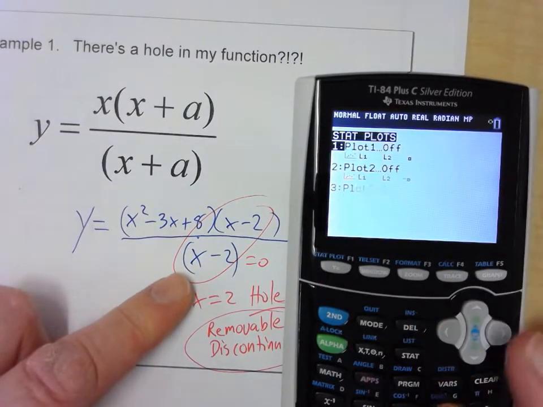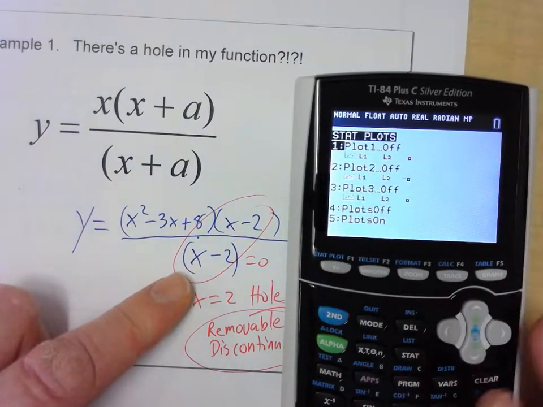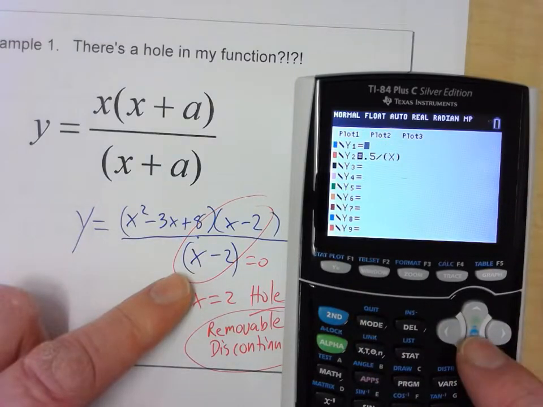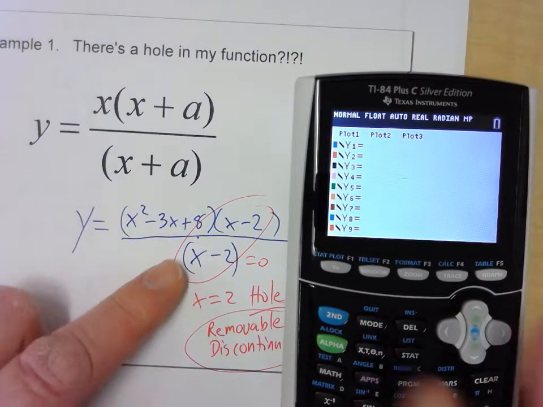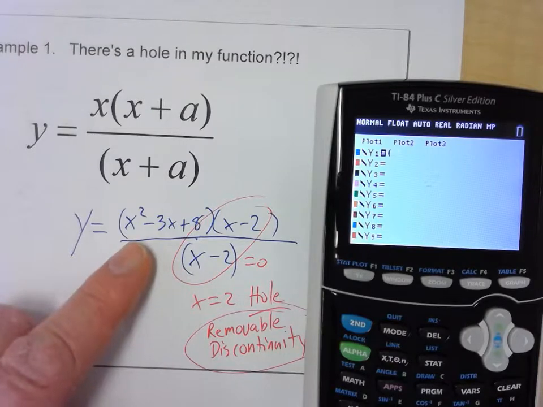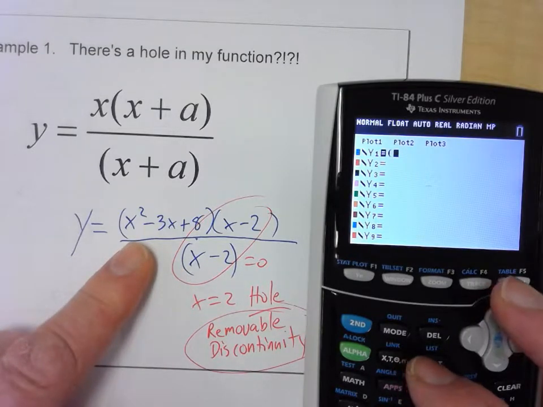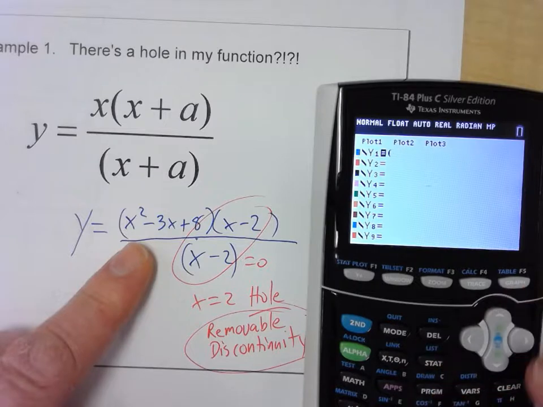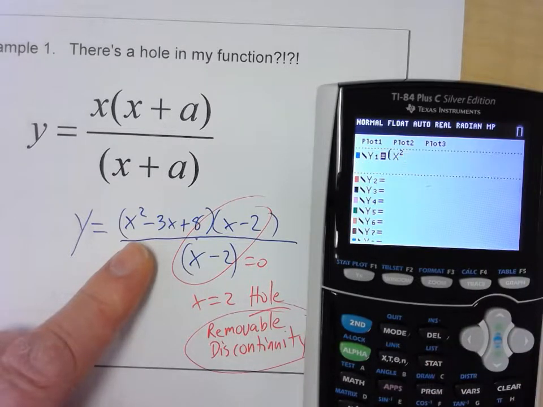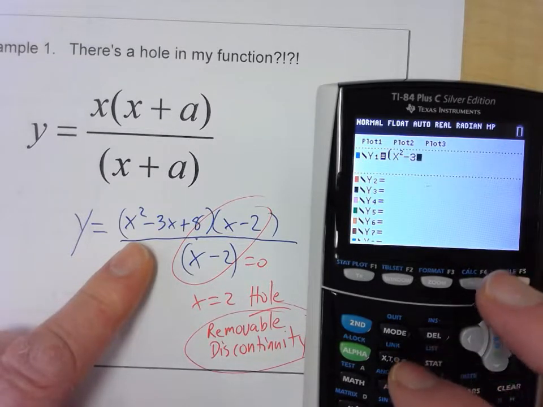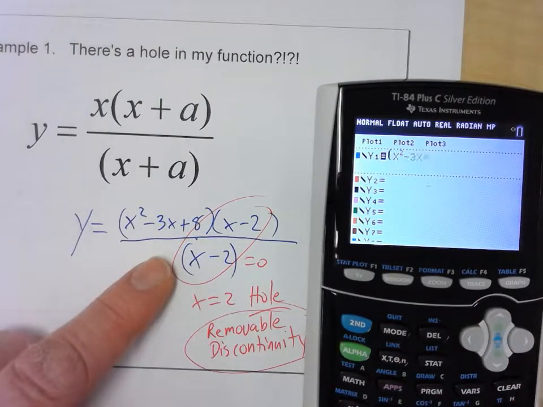So I'm going to go to y equals, clear this out, type in parentheses x squared minus 3x plus 8, okay, times x minus 2, and then we're going to divide it by x minus 2.